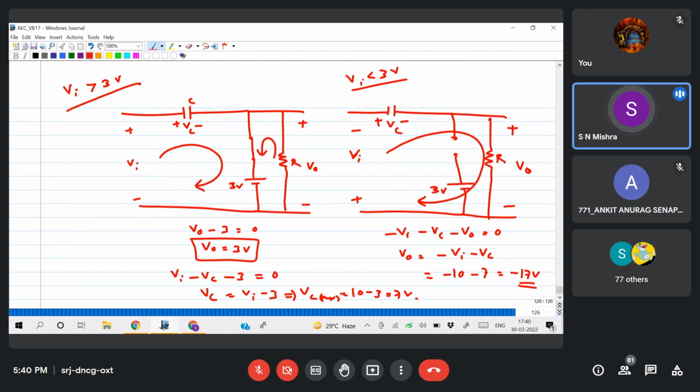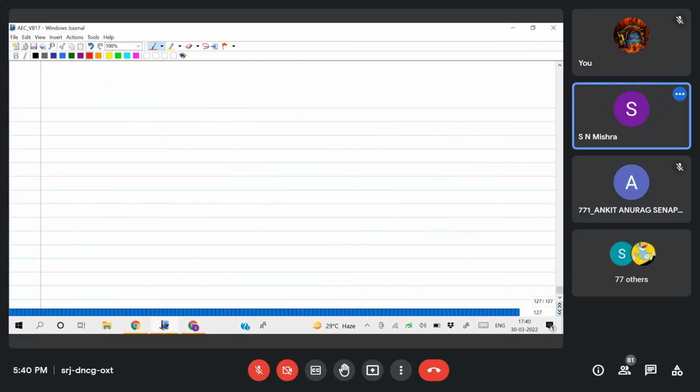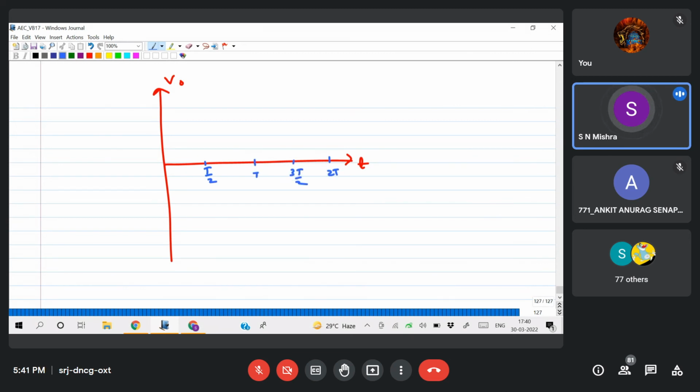Yes, sir. How to draw the waveform? You see, how will you draw it? For V naught, for the positive half cycle we are getting 3 volt. So you mark it T by 2, T, 3T by 2, 2T like this.